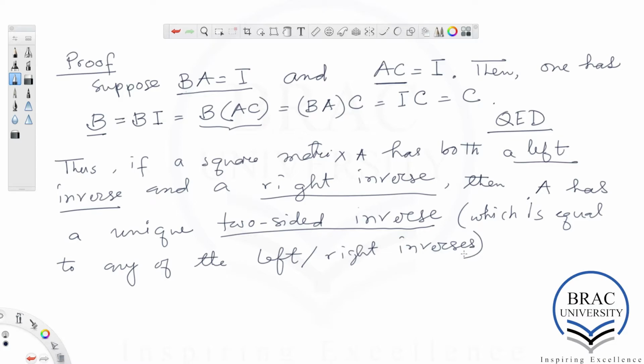And A is called invertible if it admits a two-sided inverse.